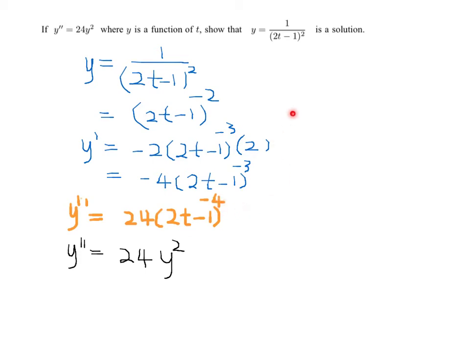We go back a bit and look at this. This is (2t minus 1) to the power of negative 2. So do you see a connection? This is the power of negative 2, that is the power of negative 4, and here we are supposed to see y squared. So we try to work it out, so we make this look something like y squared.